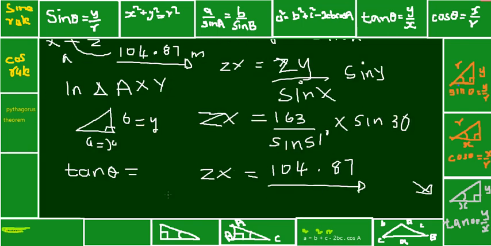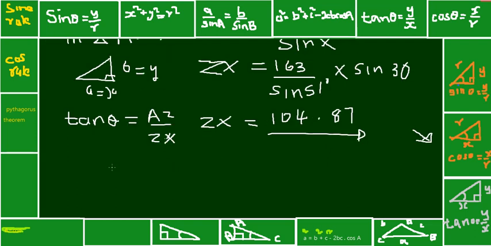So what is this? It's AZ over ZX. Solving this, you have AZ equals ZX tan 72.